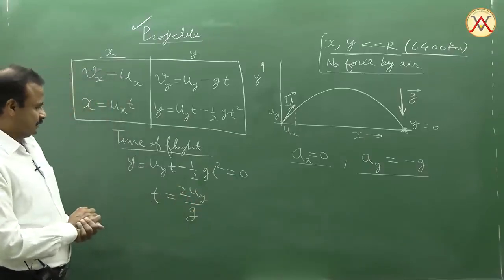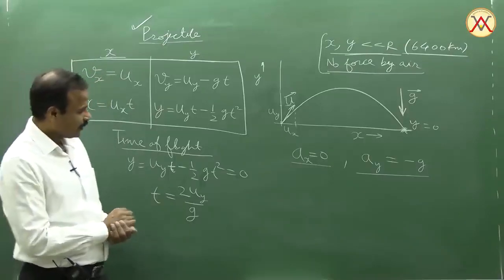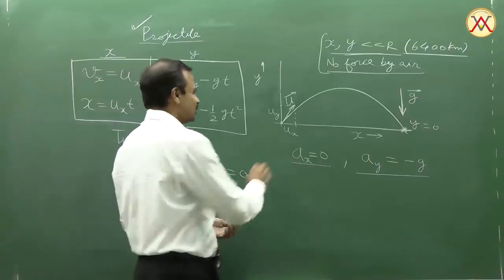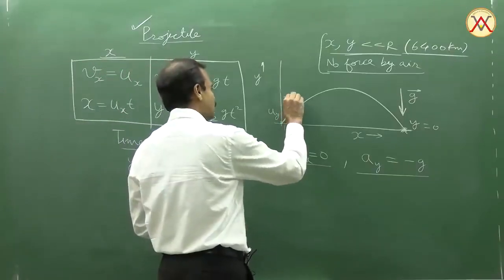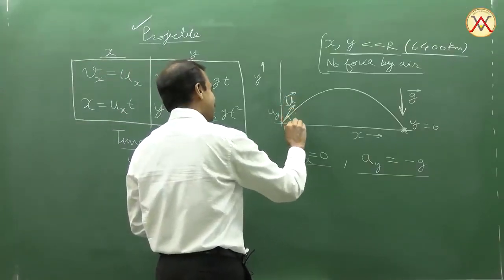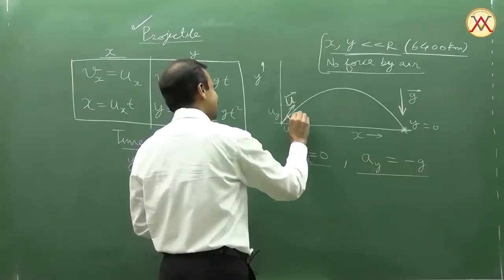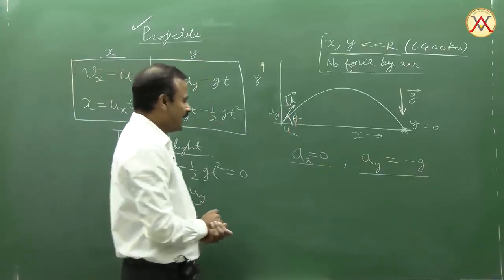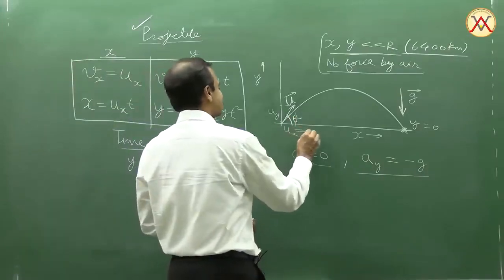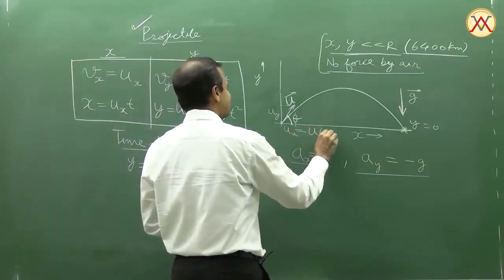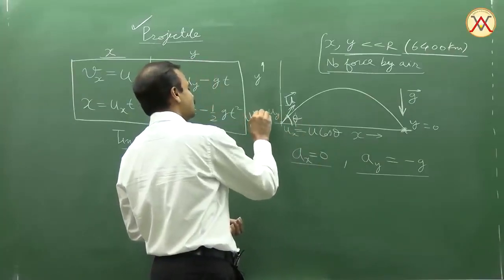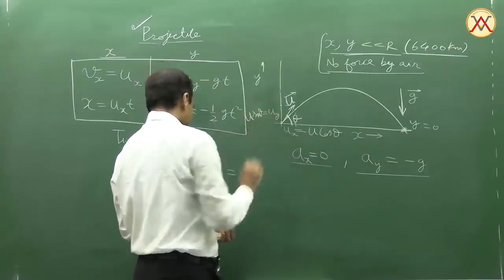Now, these components of initial velocity, I can also write them in terms of magnitude of u and the angle which the velocity makes with the x-axis, that is u and theta. I can write ux as u cos theta and uy as u sin theta.